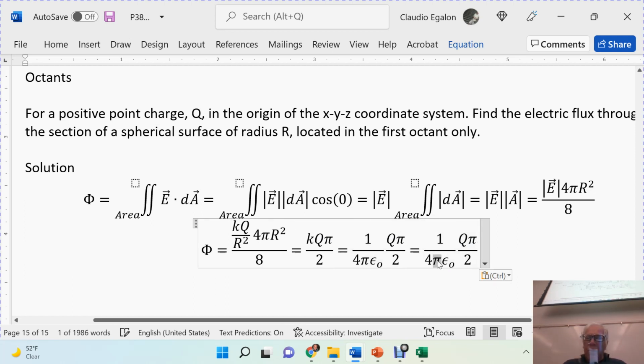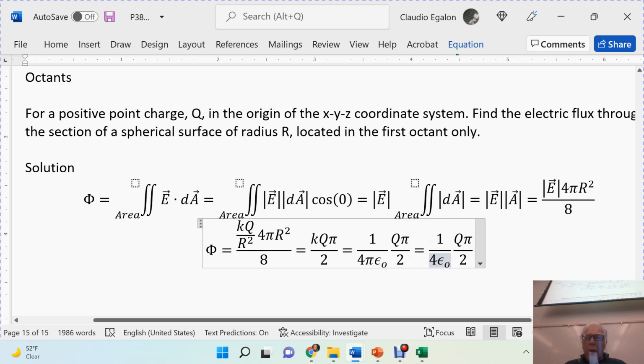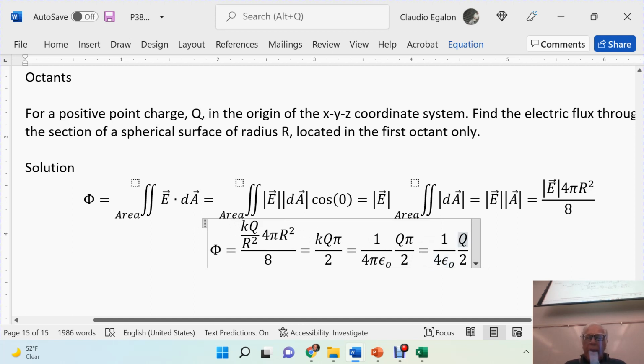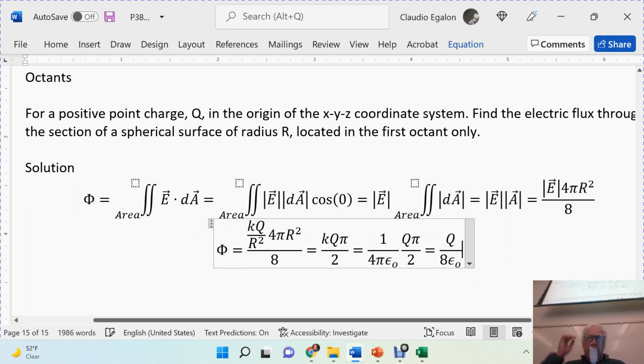The pi disappears. We end up with 8 downstairs. Like that, Q over 8 epsilon naught. That's what the flux is through that surface. That's a very good exercise to understand what's going to come next.